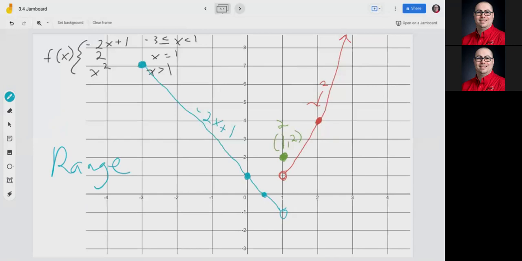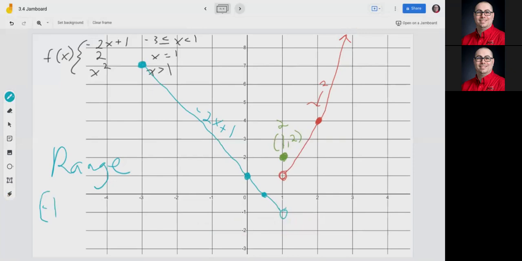So notice, let's look at the top. It stops here, but this red line keeps going on and on to infinity. So our highest y value is going to be infinity. This is going up and up and up. Our lowest y value, we're coming up from the bottom. Boom, we hit right here. Now it's not actually defined there, but it gets really close to that -1. So our lowest y value is going to be -1, not including -1.